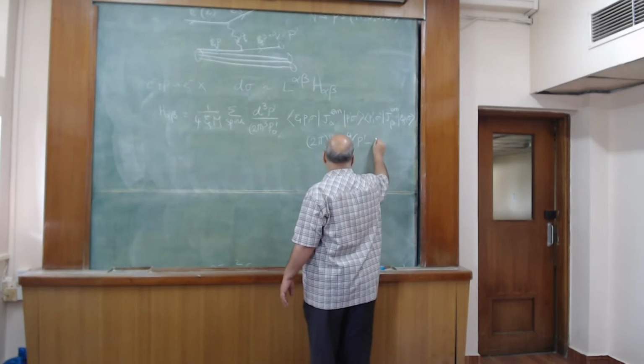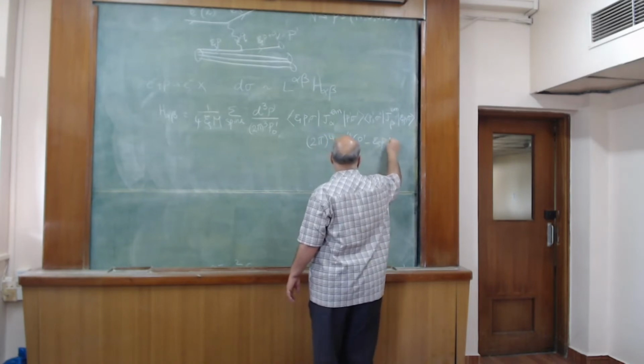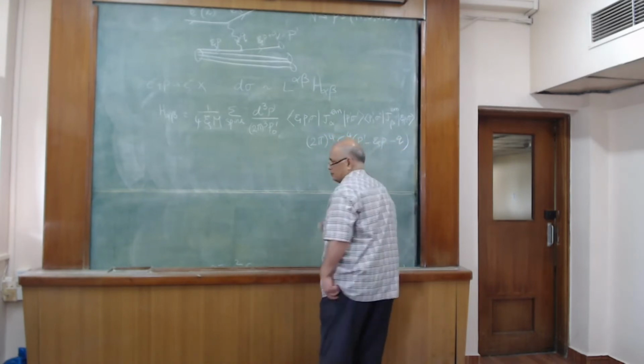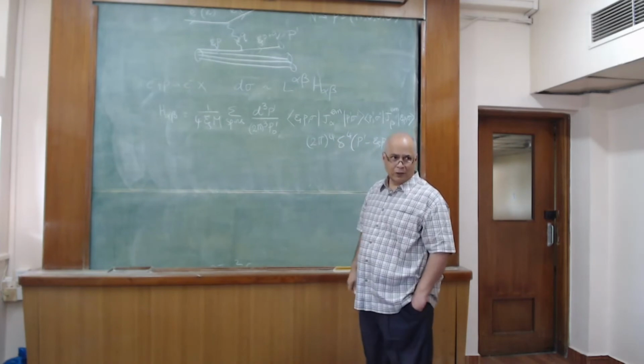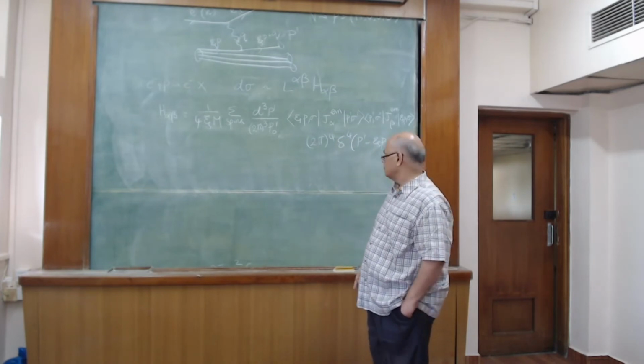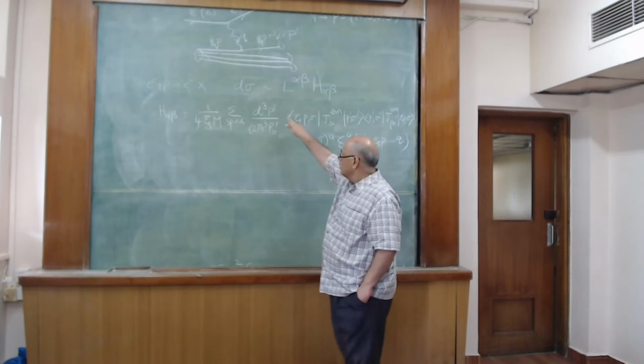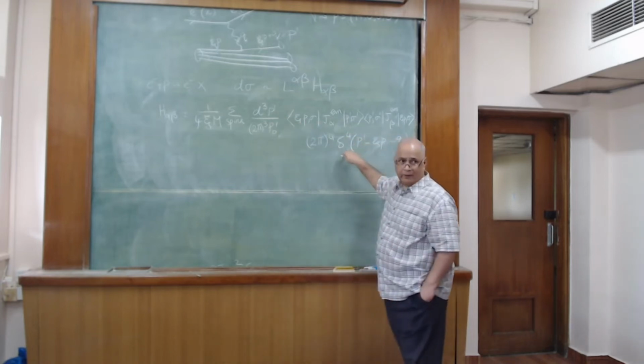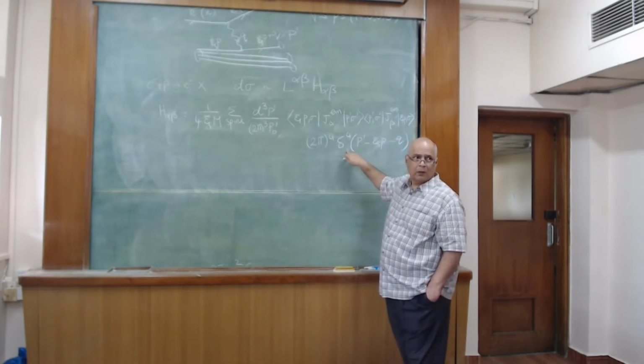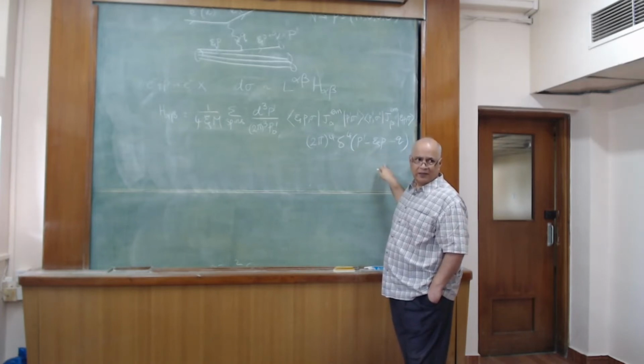Delta of P prime minus xi P plus q. Sorry, that should have been. And now d^3p prime will take care of the momentum delta function, leaving behind the energy conserving delta function.